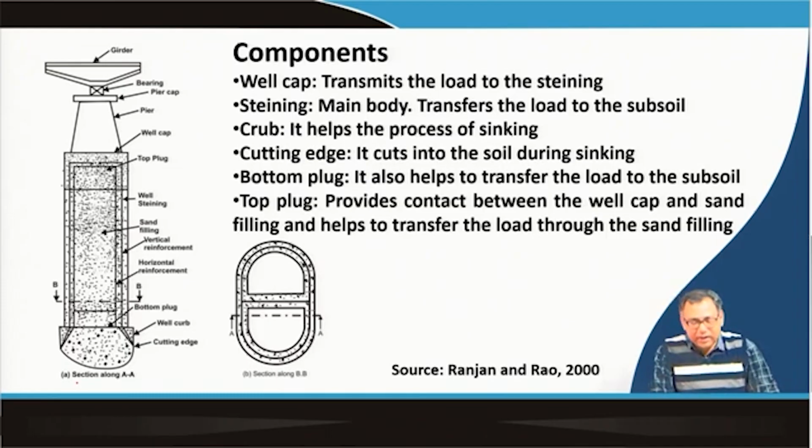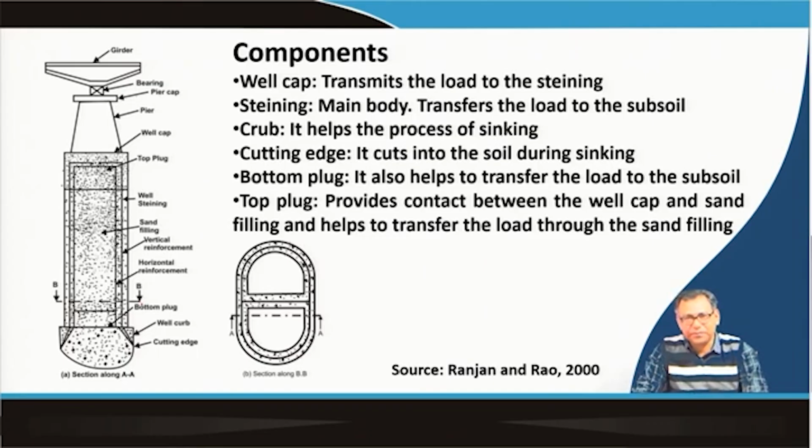Even for the pneumatic caisson, the working chamber is filled with concrete. For the open caisson this concrete is placed under water. So what would be the thickness of this bottom plug? When the concreting is done, there will be a buoyancy force acting in the upward direction at the bottom of the shaft. So you have to provide sufficient thickness of this concrete so that that force can be taken care of.